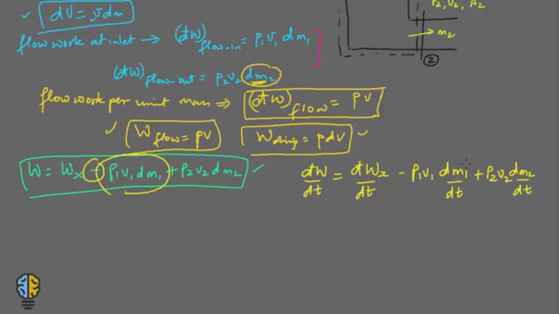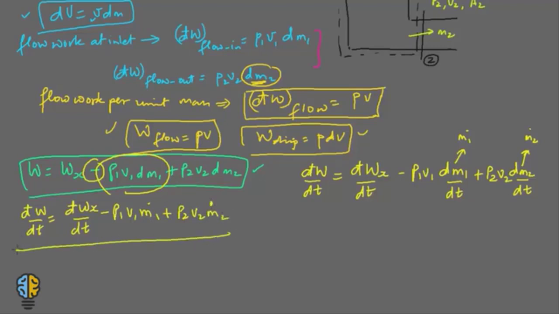Now this dm1 by dt is the mass flow rate at section 1 and this is the mass flow rate at section 2. So this is m1 dot and this is m2 dot. So the equation would become d'W by dt is equal to d'Wx by dt minus P1 V1 into m1 dot plus P2 V2 into m2 dot.